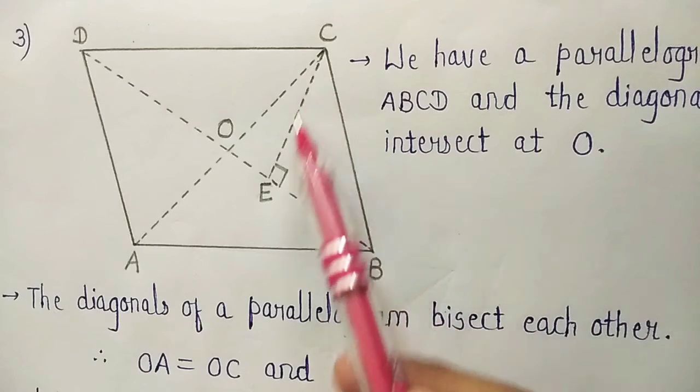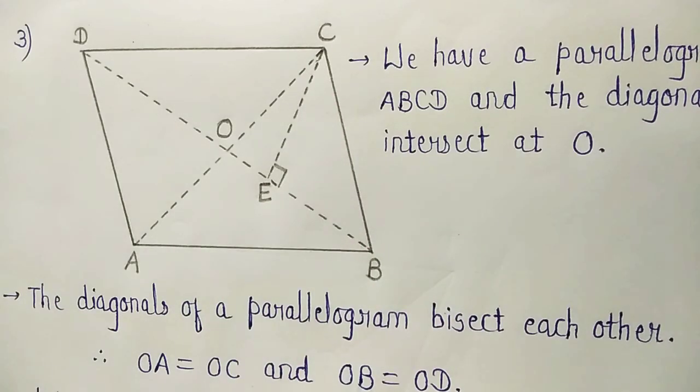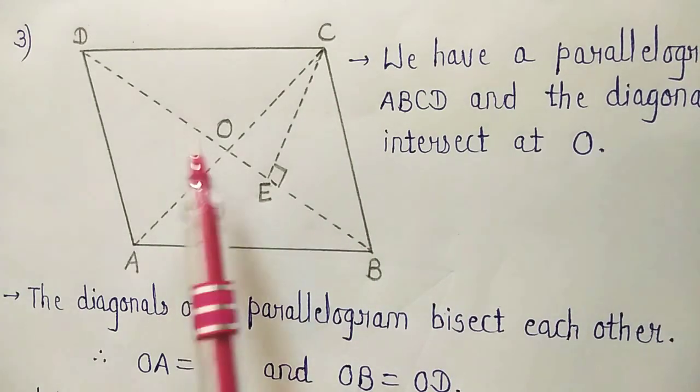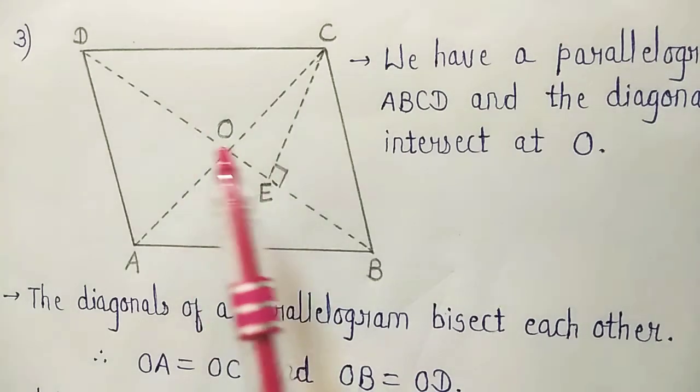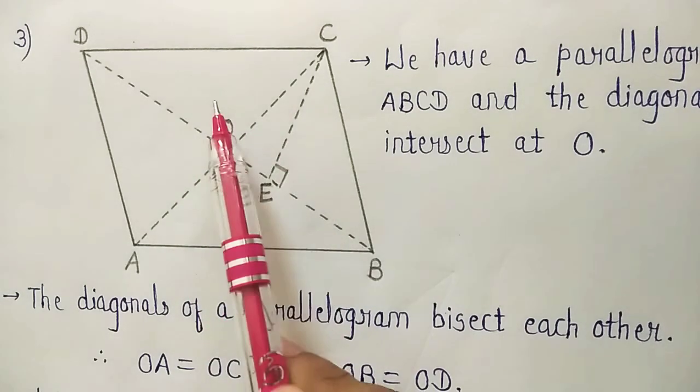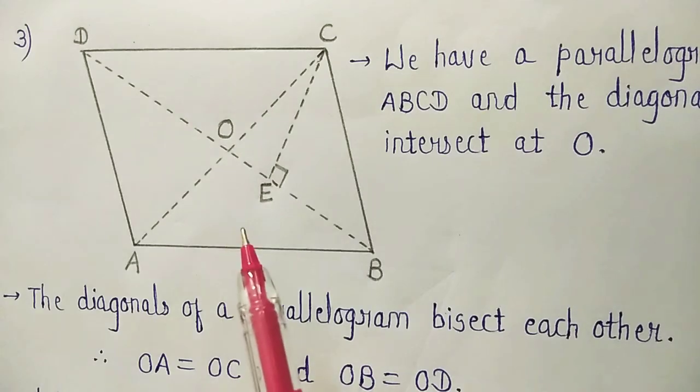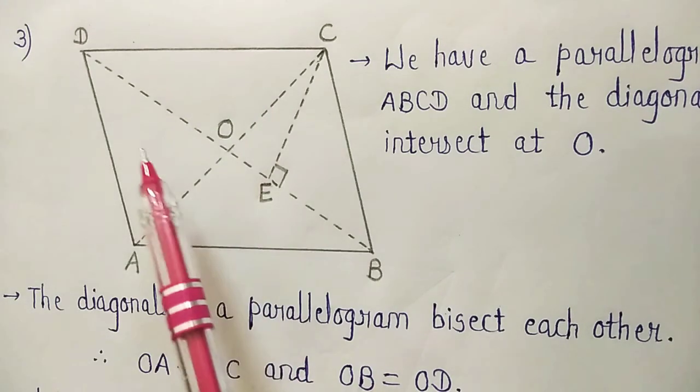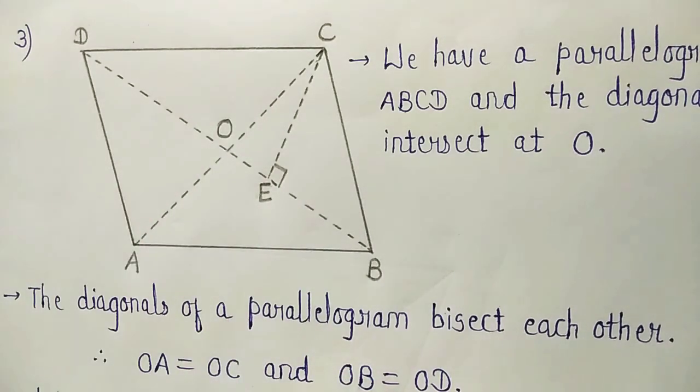As we have already proved for triangle BOC and triangle DOC, similarly other triangles will be equal.